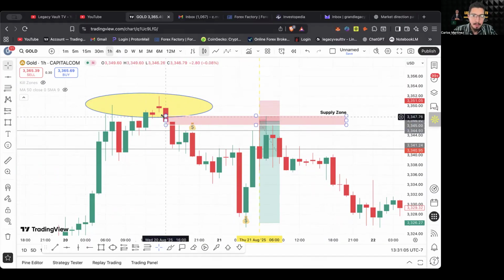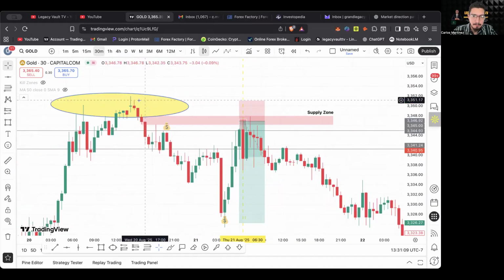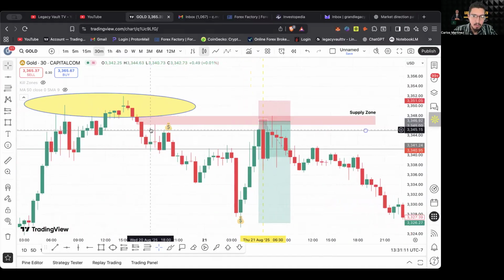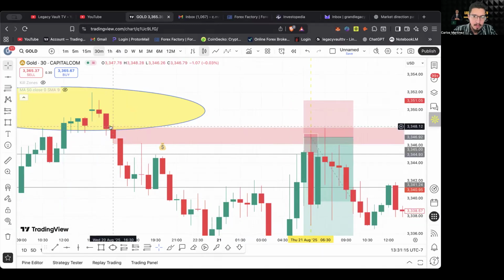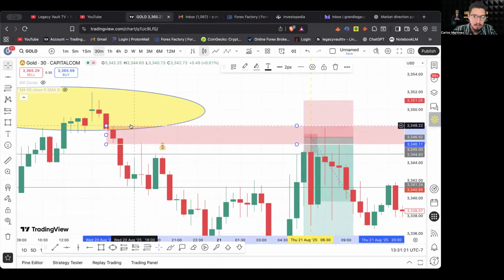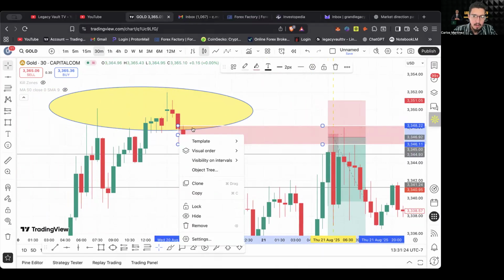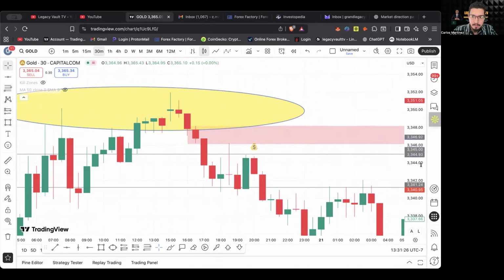Now, let's look at the 30 minute. On the 30 minute, you can also see this order block on this bearish candle.